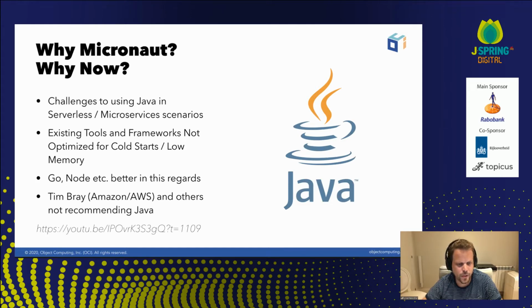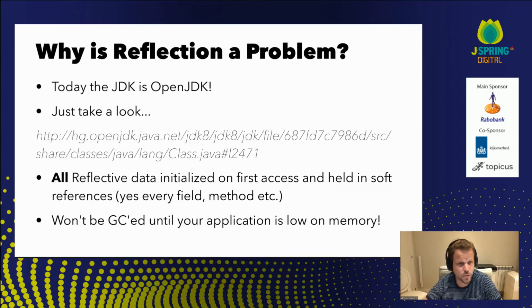And languages like Go and JavaScript with Node, a lot of folks have looked to them to provide better solutions in this regard. And it's my belief that the Java ecosystem is still the strongest out there, and a lot of the problems in the Java space are down to the way that tools and frameworks have been designed, and it's just a matter of adapting those.